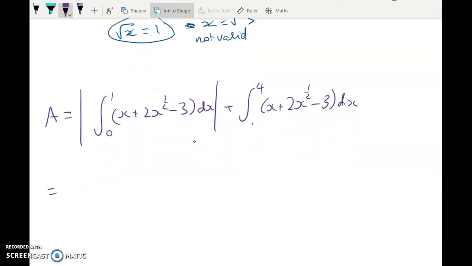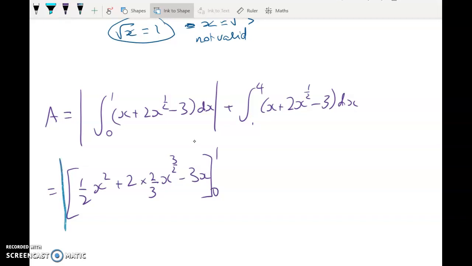Now, integrating, what do we get? Here we get a half x squared plus 2 times 2/3 of x to the 3 over 2 minus 3x, evaluated there. And we want to have the absolute value signs around.